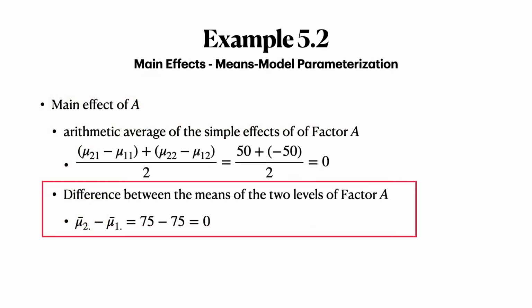We can also calculate the main effect of A as the difference between the means of the two levels of factor A. So mu bar 2 dot minus mu bar 1 dot. All right, and so that would be the difference between the row means for A2 and A1. So 75 minus 75, that gives us 0.